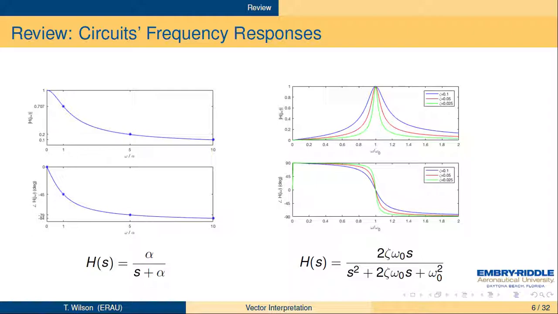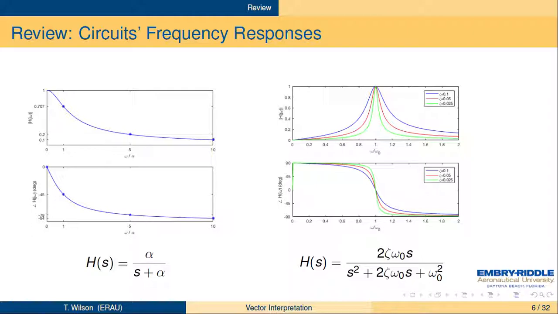The illustration on the right is the second order underdamped circuit with various values of the damping factor, zeta. As you decrease the damping factor, you get peakier and peakier behavior. We saw that on both sides of the resonant frequency omega 0, at omega 0 minus zeta omega 0 and omega 0 plus zeta omega 0, the gain was 0.707 also.